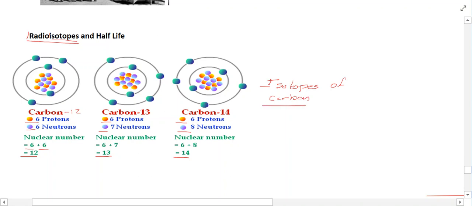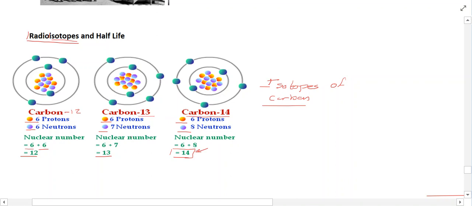So that's the first piece. Basically, you can have an element like carbon and it can have different isotopes. The difference in the isotopes is determined by the number of neutrons that are present. They'll all have the same number of protons, in this case 6, but the number of neutrons will vary, and as a result, they will have slightly different masses. It's this mass number that we normally stick on the end of isotopes. So for example, carbon 14, the 14 comes from the mass number.